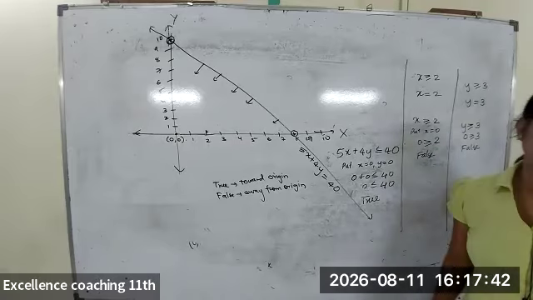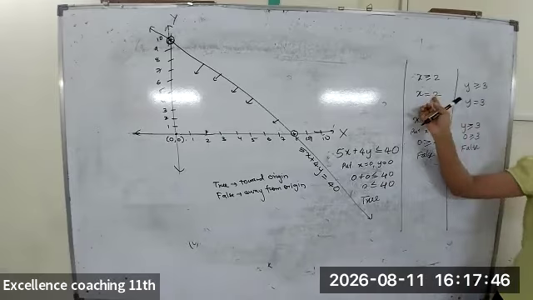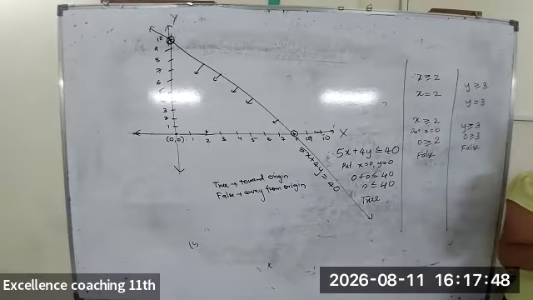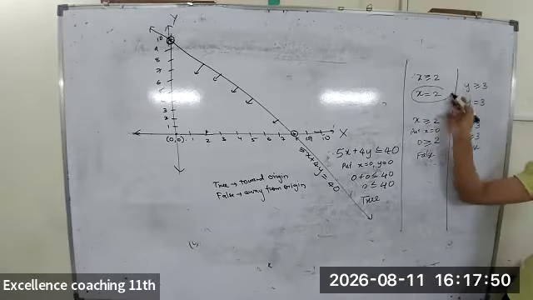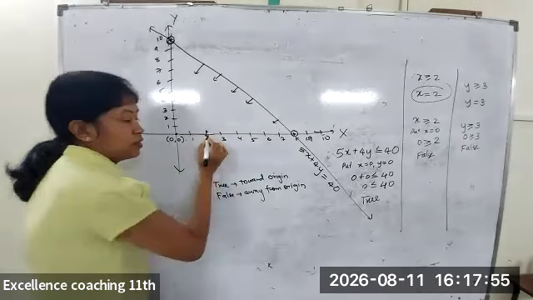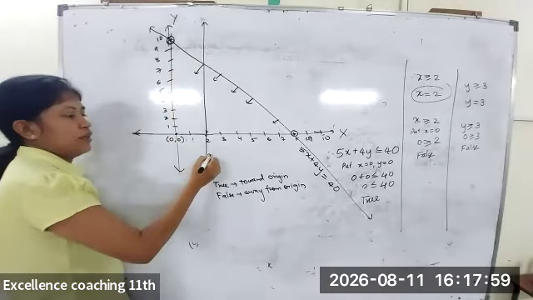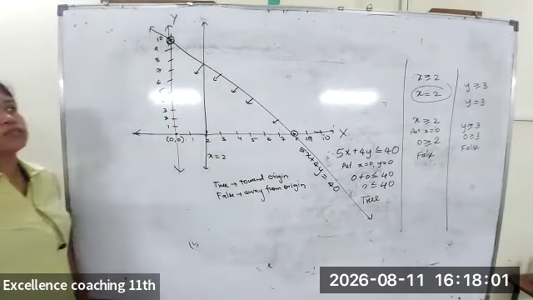Now the next line. Now this is no points, nothing, but x equals to 2. This is like a straight line directly passing through x equals to 2. Where is x equals to 2? Here, no? So pass a line which is straight passing through x equals to 2.